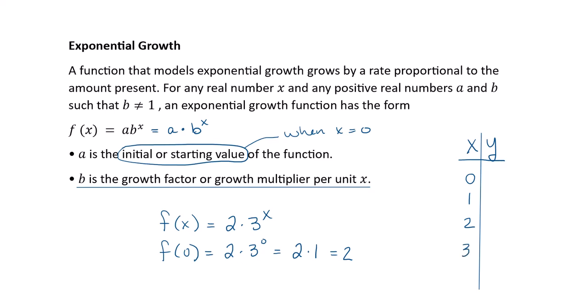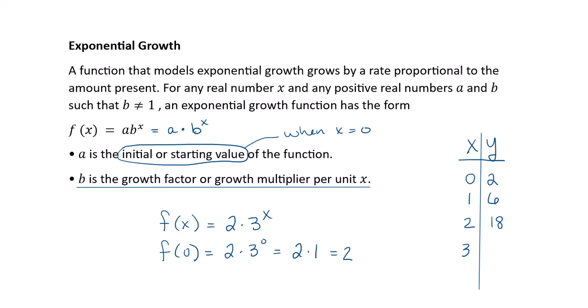If 3 is raised to the 0 power, that's 1, and 1 times 2 is 2. If 3 is raised to the power of 1, that's 3, times 2 is 6. If 3 is raised to the power of 2, that's 9, times 2 is 18.